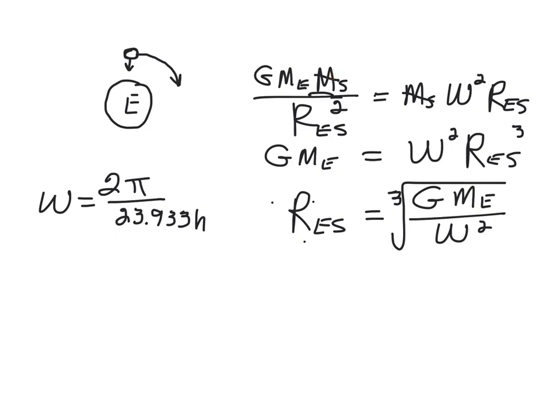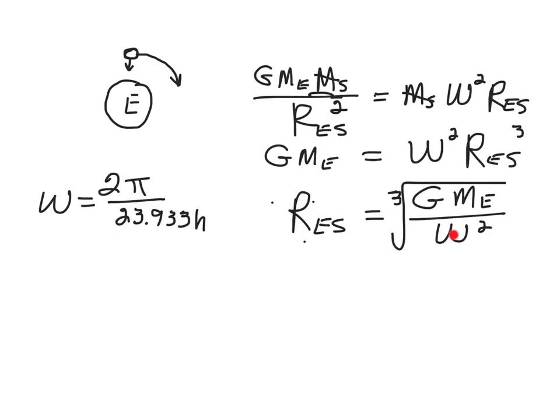So the mass of the satellite cancels. We bring the r squared over here and we get r cubed. And then if we solve for this, then we have G M_E divided by omega squared, and then we take the cube root of that, and we'll get the distance. Again, what's omega?